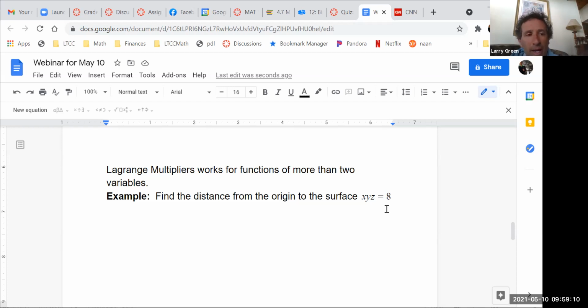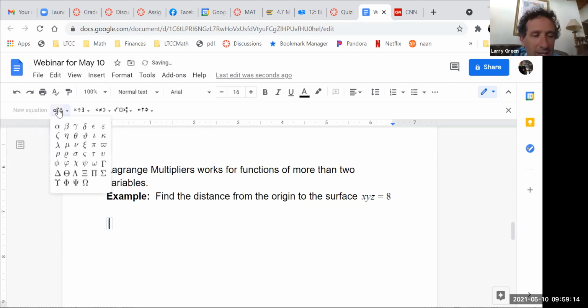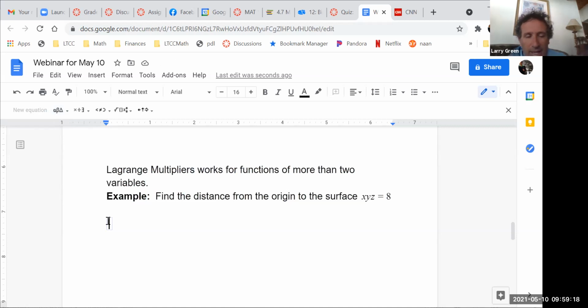Okay, so if we have a point x, y, z, then how do we find that distance? I can call the distance f, just so we don't get confused with d's. F of the point x comma y comma z.